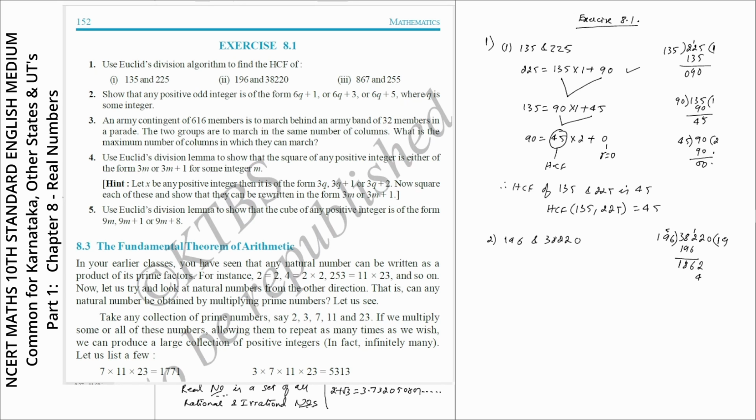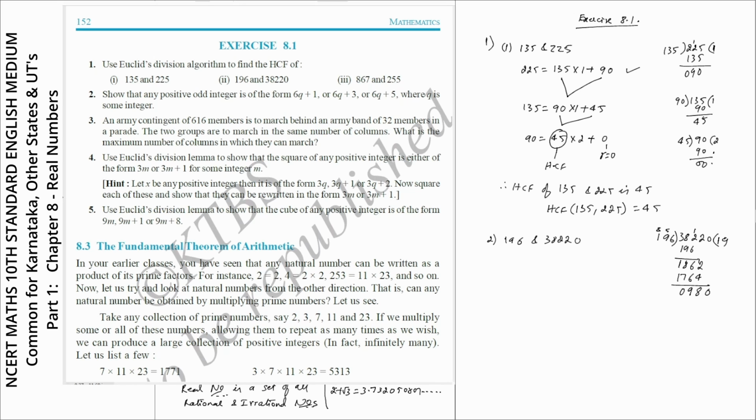If I carry 5, 9 9s are 81, 86. Then 9 1s are 9, 10 17. So when I subtract 12 minus 4 is 8. 50 minus 6 is 9. So here 0 I'll get.